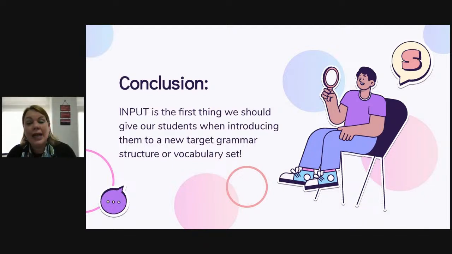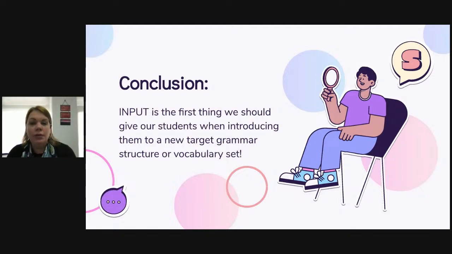If you have a class that's 5 days a week, let's say 1 hour each day, and you have 1 week to teach them a new structure, past perfect, for example, personally, I would take the first 3 days, Monday, Tuesday, and Wednesday, and only use input activities with them. Let them build their linguistic system with the new form.